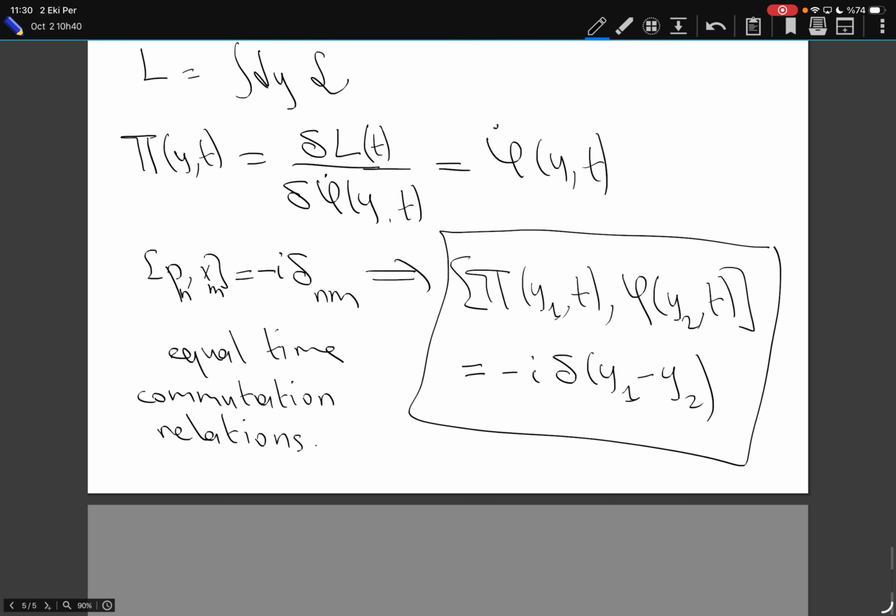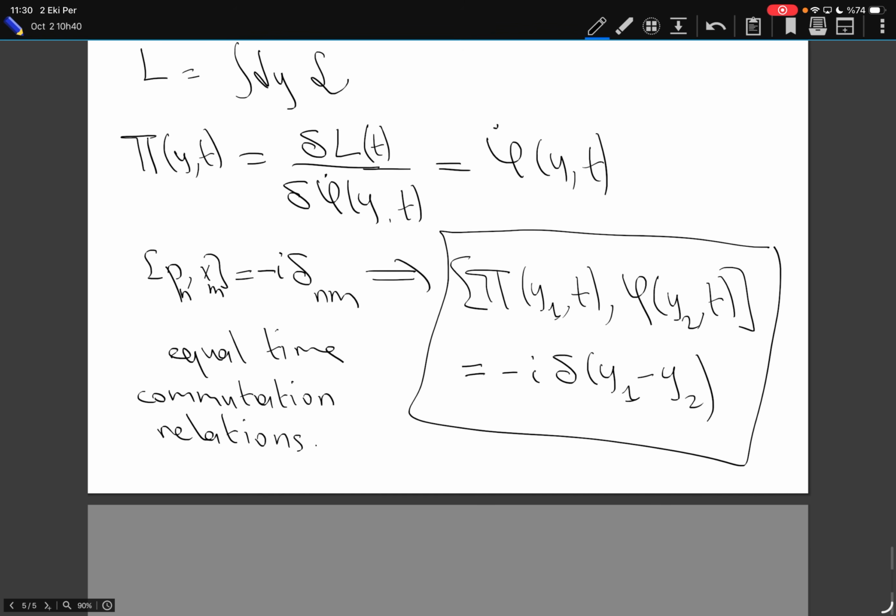Now we will calculate what this commutator will be if the times are not equal. So basically this is our quantization. Now we will see what this means.